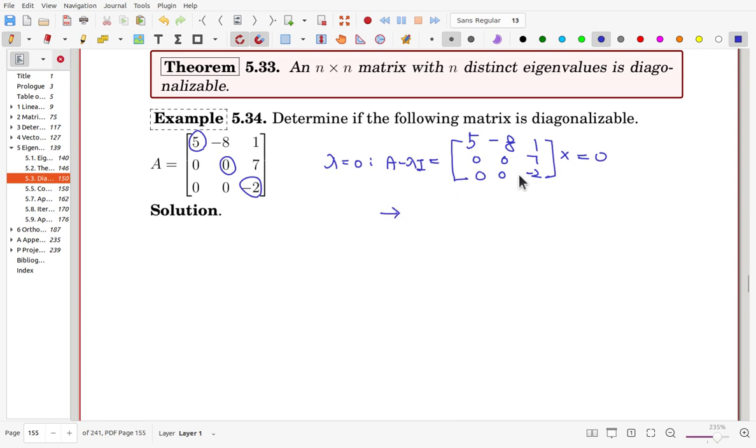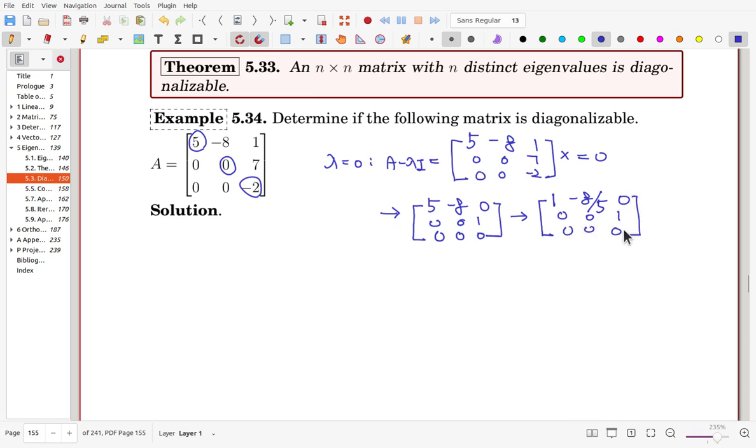After scaling, this -2 will become 1. So we can eliminate this one, and then that one. So we reach 5, -8, 0; 0, 0, 1; 0, 0, 0. After scaling, we get the reduced echelon form: 1, -8/5, 0; 0, 0, 1; 0, 0, 0.